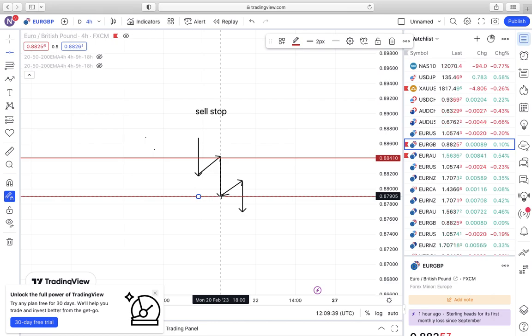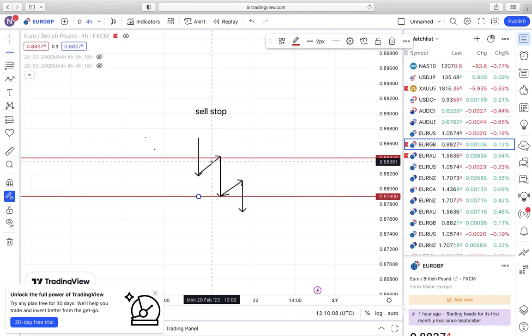Your order will be activated, which means this price is moving in this direction. Sell stop and buy stop are kind of the same, but this one is a bearish movement and the other one is a bullish movement. A sell stop is created below the price movement.